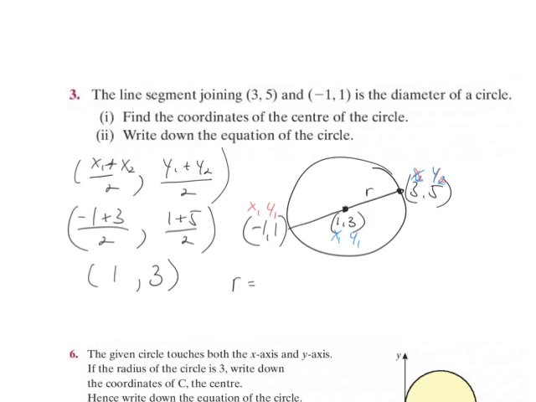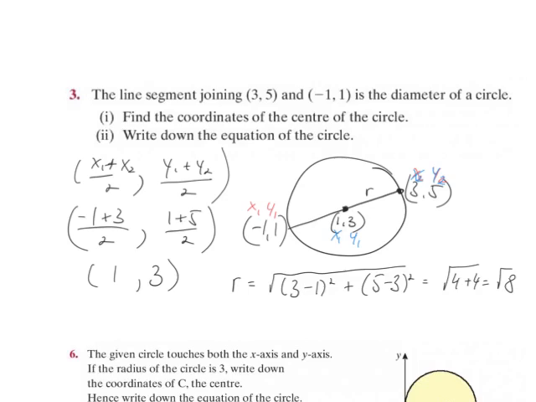So the radius is, because of that, the root of (x2, 3, minus x1, 1) all squared, plus (y2, 5, minus y1, 3) all squared, and that gives me the root of 3 minus 1 is 2, squared is 4, plus 5 minus 3 is 2, squared is 4, so that is root 8.